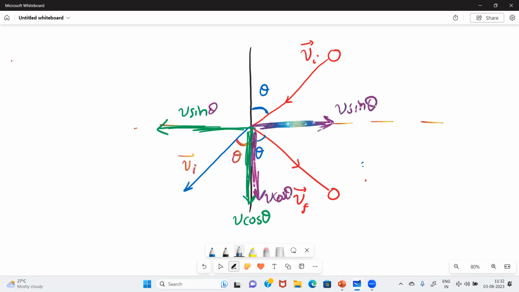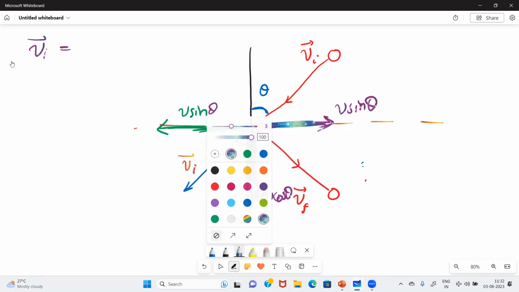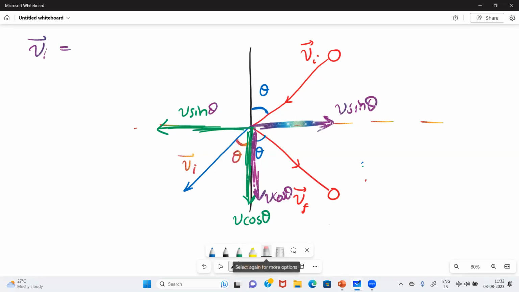So tell me now, what is V initial? V sin theta is in which direction? Negative x-axis or positive x-axis? V sin theta, green color.